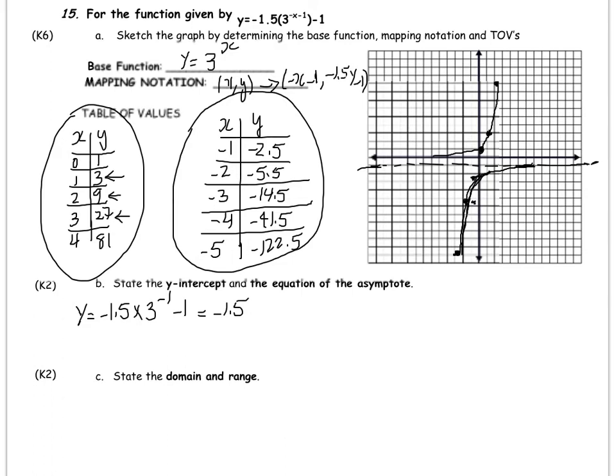Now, the equation of the horizontal asymptote is, as I said when plotting the graph, when x goes to infinity, then y becomes negative 1.5 times 3 exponent negative infinity minus 1. 3 exponent negative infinity gives me 0.